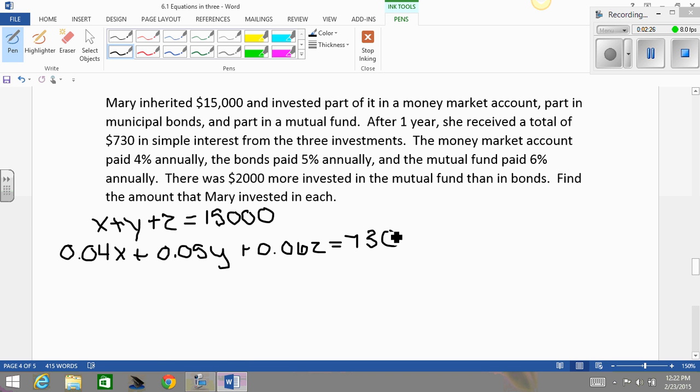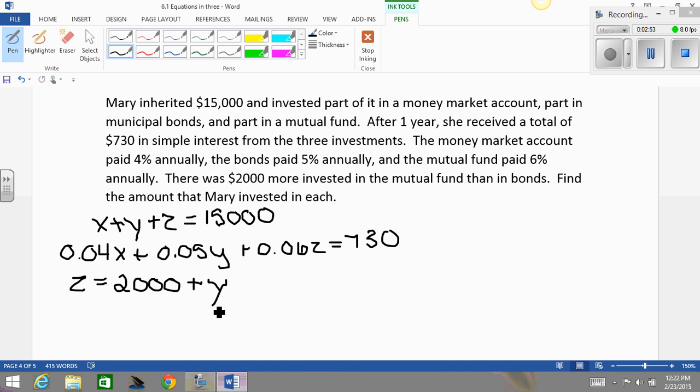Another statement in the problem gives us a third equation. The amount of money invested in the mutual fund, and we're going to say the mutual fund is Z because that's at 6%, was $2,000 more than the one invested in bonds. So we've created another equation, and now we have 3 equations.